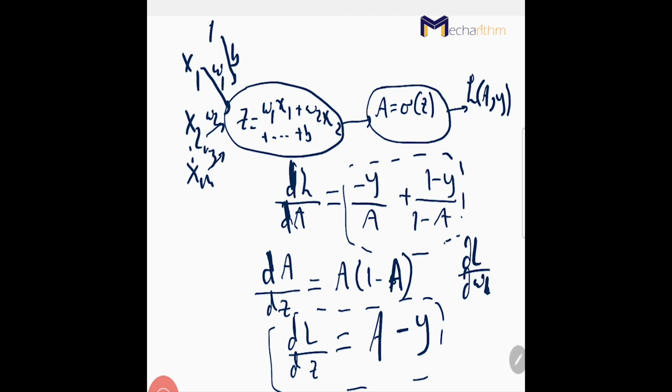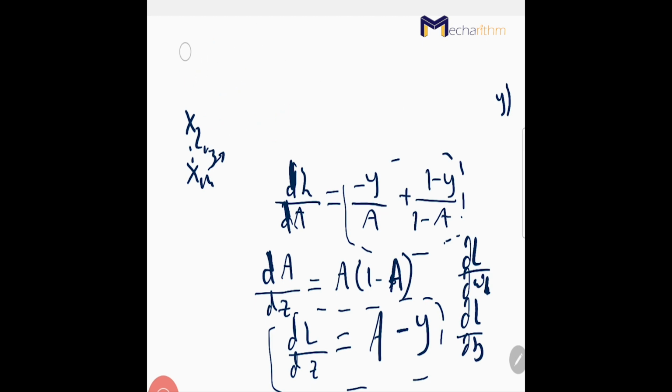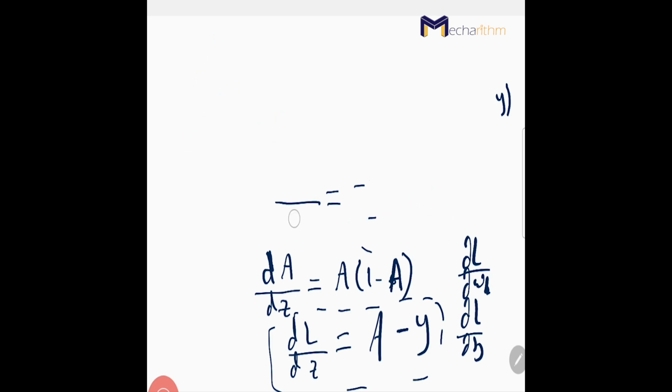So we've got W1, W2, W3 up to Wm, as well as the partial derivative of L with respect to B. So in order to do that, we'll just apply the chain rule one more time. And if we get the partial derivative of L, for example, with respect to W1, it will look something like this.